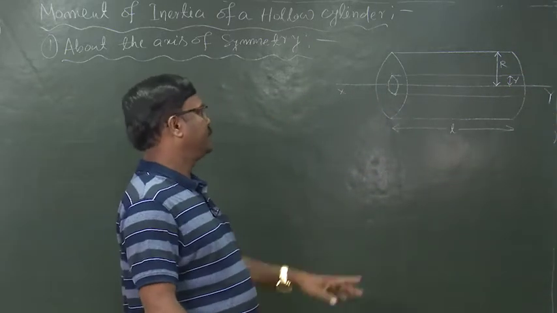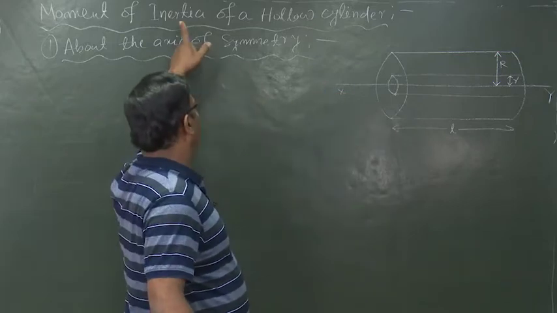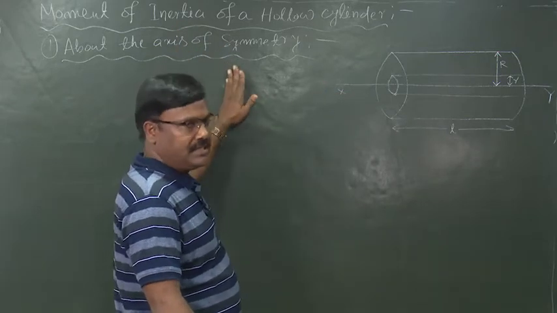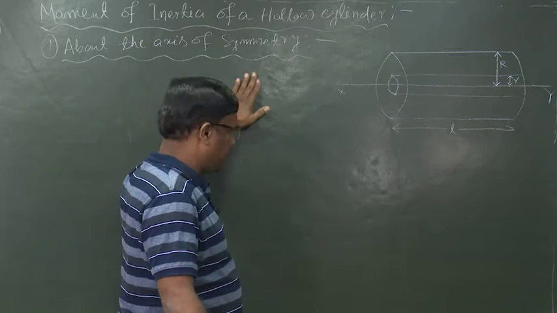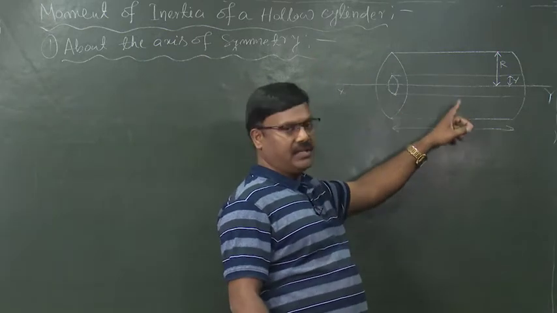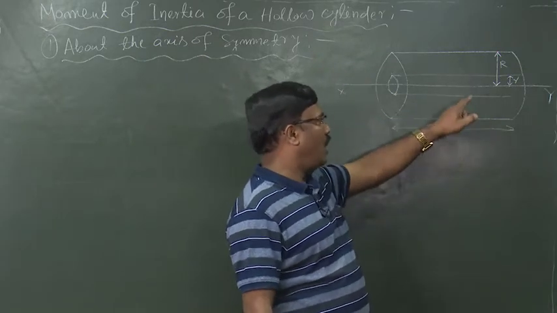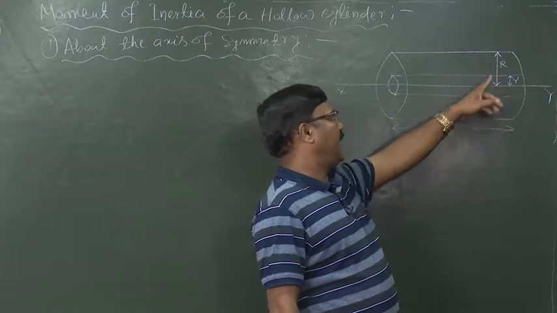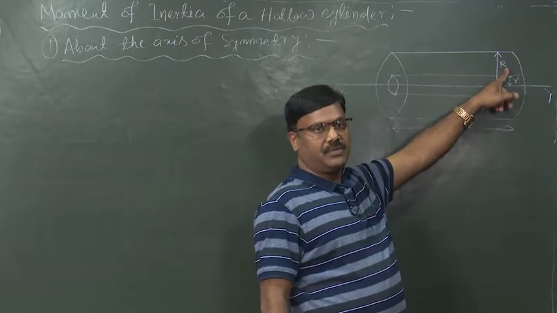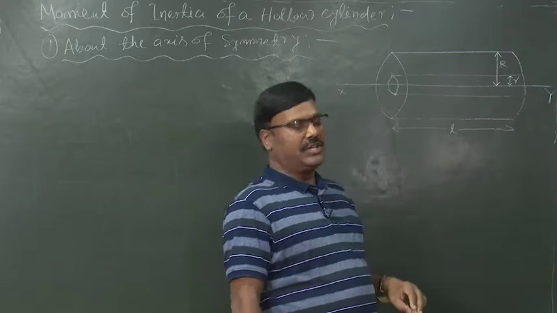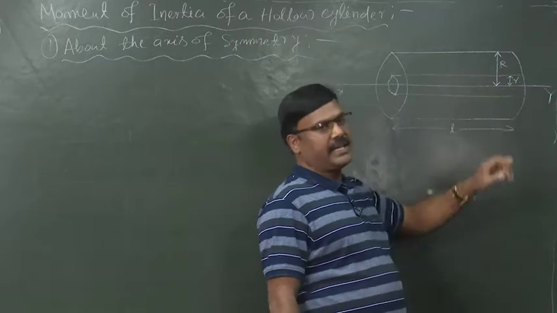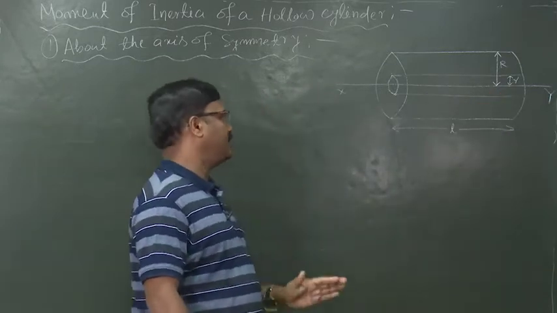Once again, to calculate the moment of inertia of a hollow cylinder about the axis of symmetry, let us first consider a hollow cylinder of length L, where capital R is the radius of the external cylinder and small r is the internal radius of the cylinder.